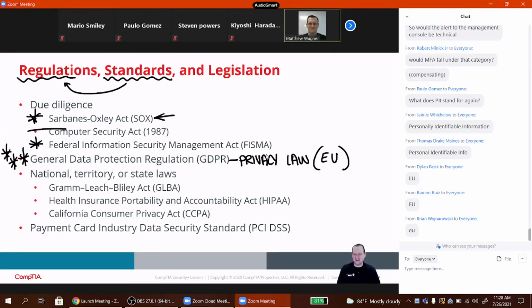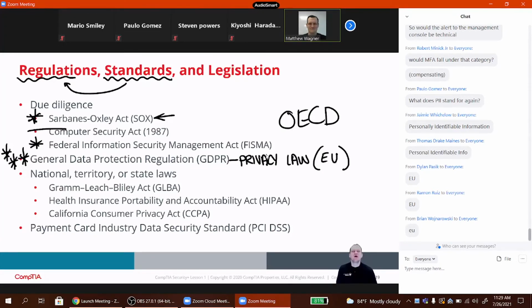Now this General Data Protection Regulation actually goes way back. The OECD in 1980, that's the Organization for Economic Cooperation and Development inside the EU, wrote up 8 privacy guidelines. These privacy guidelines evolved in the late 90s and early 2000s into GDPR.